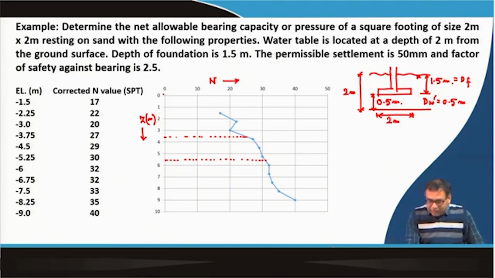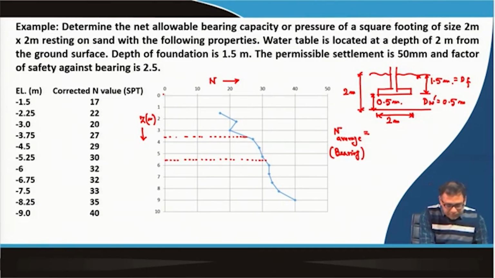Now that means we have to calculate the average N value. So, what will be the N average for bearing consideration? We have a 3.5 meter influence zone, so it is in between this. This is 3 meter, 3.75 meter, so it is 3.5 meter.